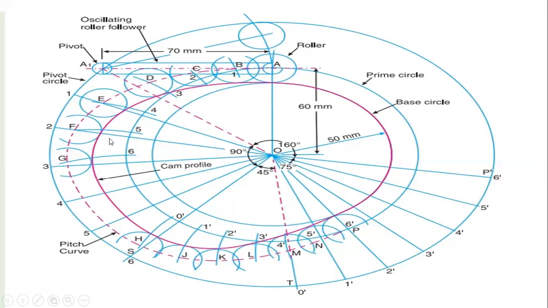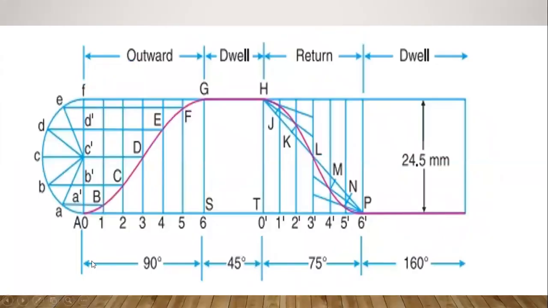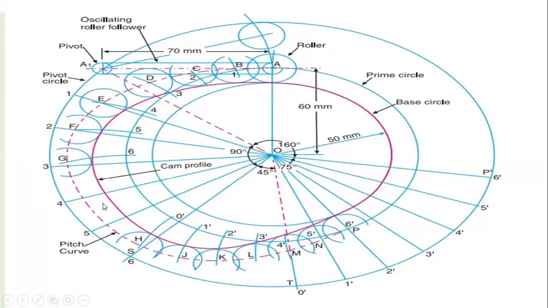Then draw the lines to that part and go to the displacement diagram. Take the first, that is the outstroke section. So take the length as 1 to B and draw the arcs from 1 to B here.